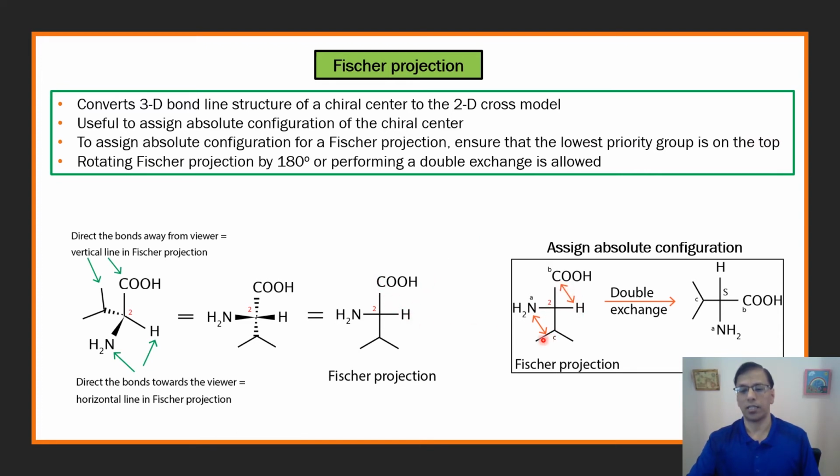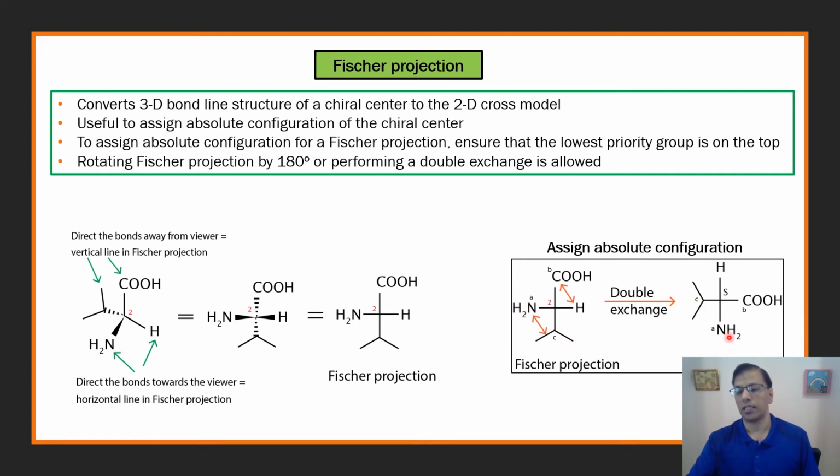You see this double-headed arrow, so you have to draw 2 double-headed arrows like this, and you can exchange these 2 groups. Let's call it the double exchange. So here what I've done is hydrogen and carboxyl group have exchanged positions, and amino and isopropyl group have exchanged positions.